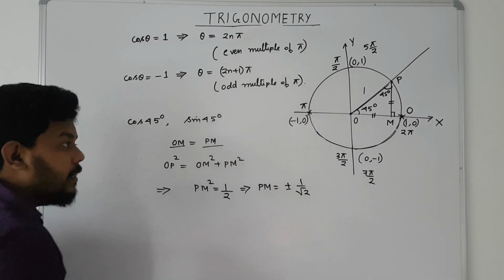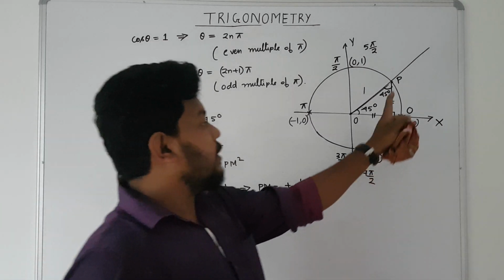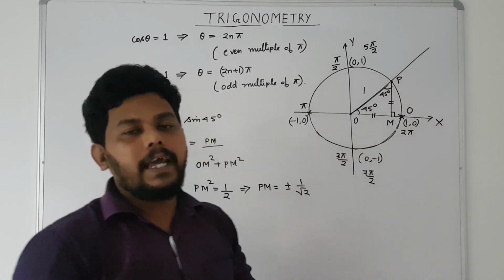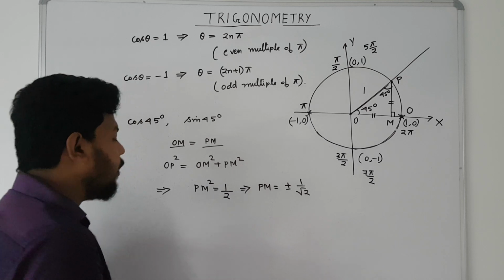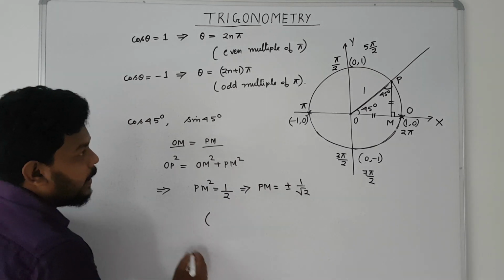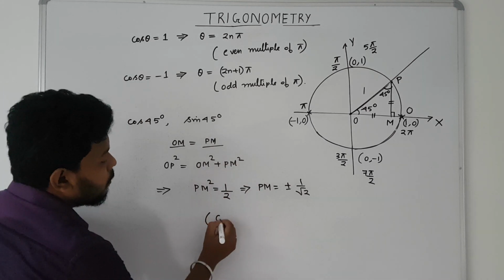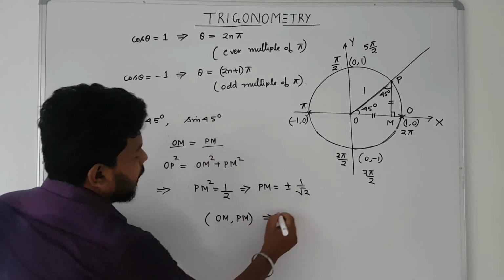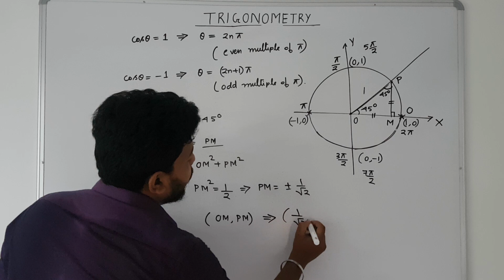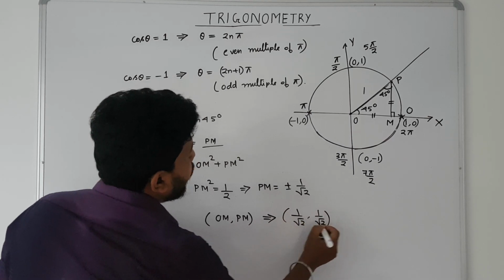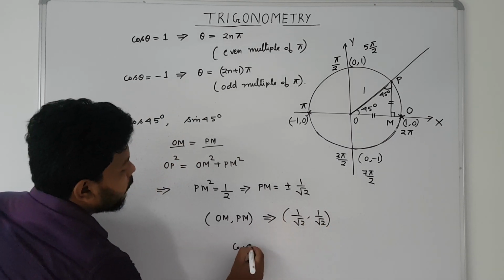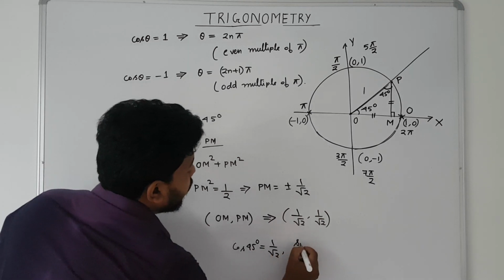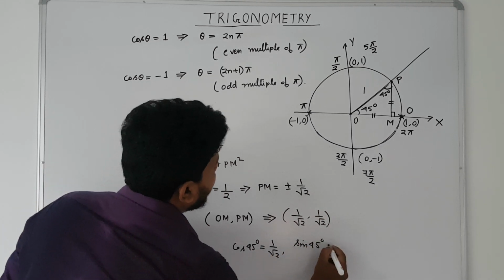Now in the first quadrant, the coordinates of point P will always be positive. Its x and y must be positive. Therefore point P will have coordinates OM comma PM, that is 1 by root 2 comma 1 by root 2. Therefore the value of cos 45 degree will be equal to 1 by root 2 and sin 45 degree is equal to 1 by root 2.